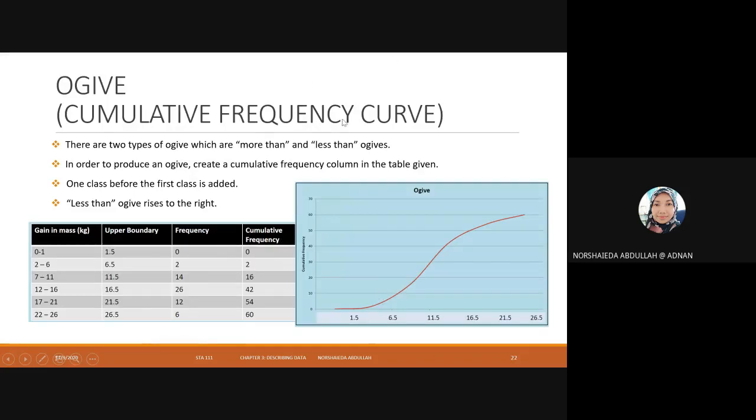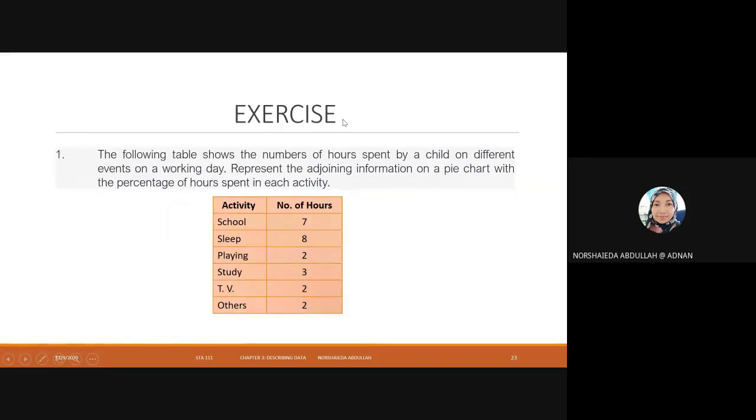Okay, try to answer this exercise first. Okay, we will discuss this exercise before we start with quantitative data presentation.